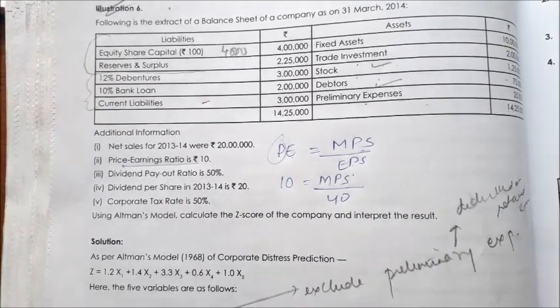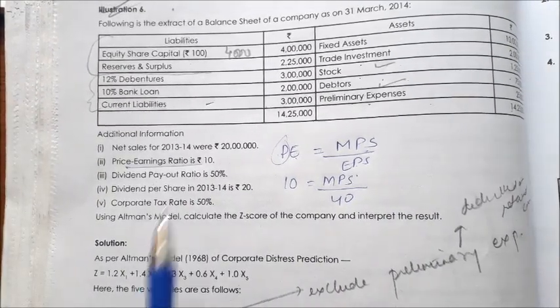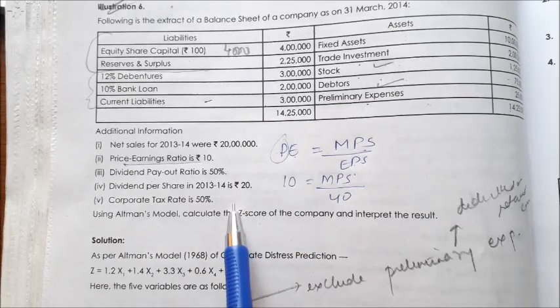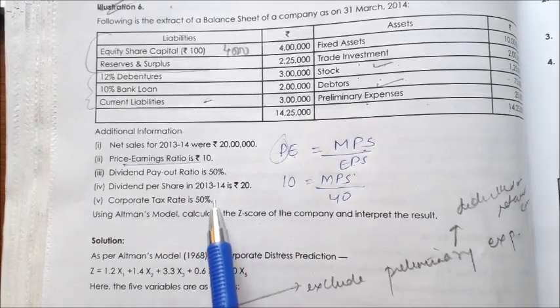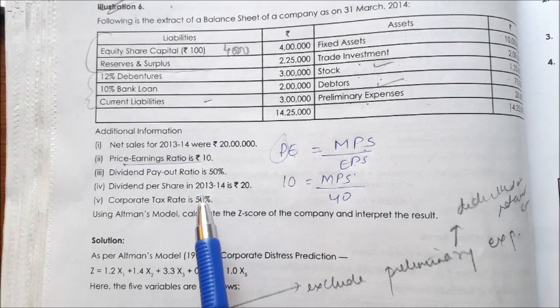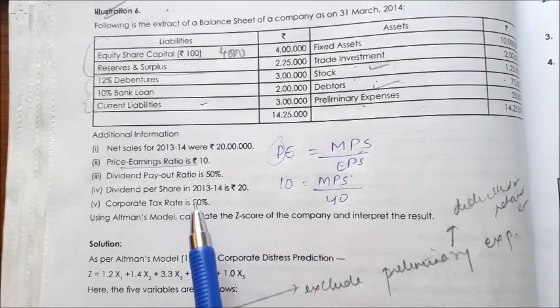Now EBIT. For finding EBIT, see whether it's been provided. Nowhere is EBT or EBIT provided, but some clue is given, so we can find it through that.